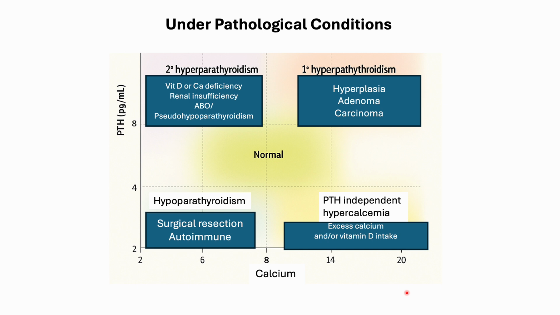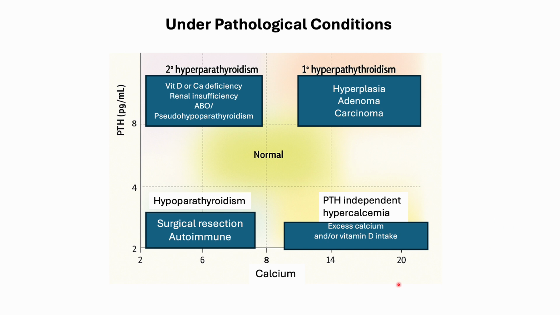In secondary hyperparathyroidism, over to the top left, persistently low calcium from vitamin D deficiency or renal failure can cause a chronic PTH overproduction as a compensatory effort to correct the hypocalcemia. The elevated PTH is therefore a downstream sequela of the primary problem that exists elsewhere in the body, like vitamin D deficiency. Hence, we call this secondary hyperparathyroidism.